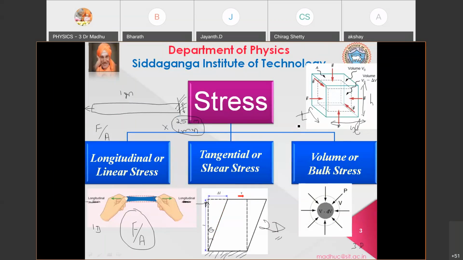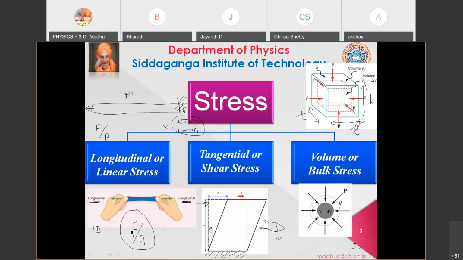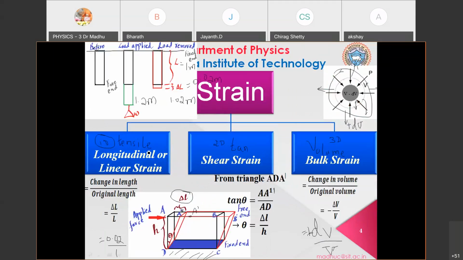Tensile or linear stress is force by area. In the same way, tensile or longitudinal strain is change in length by original length.